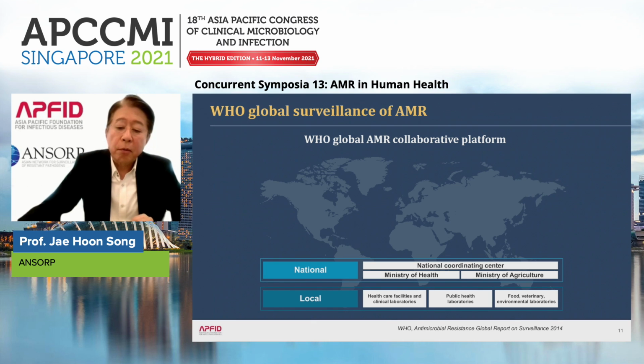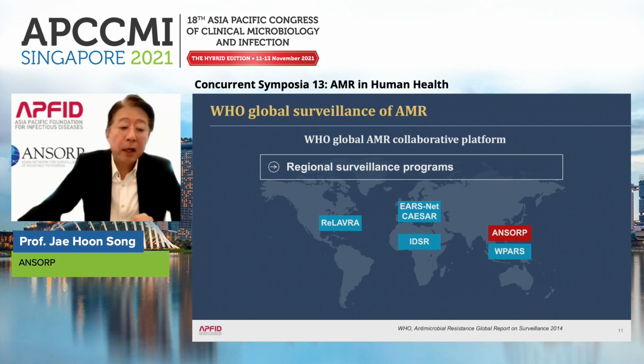WHO proposed the Global AMR Collaborative Platform to combat AMR. Each member state of WHO should establish a local and national system to perform local and national surveillance of AMR and antimicrobial consumption. Since AMR can spread between countries, international collaboration is essential to combat AMR.